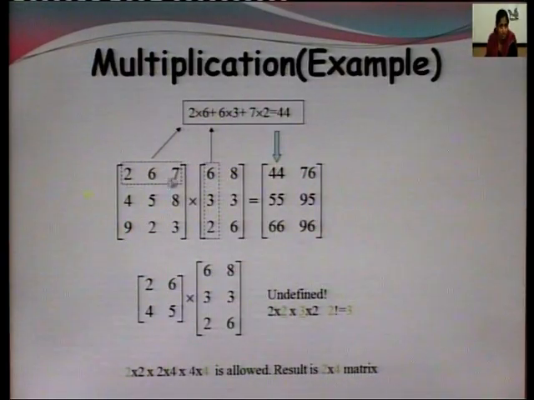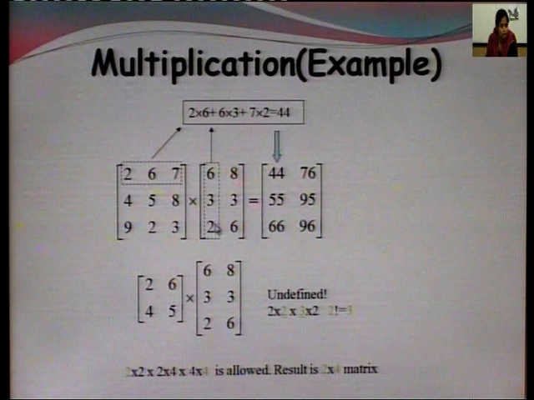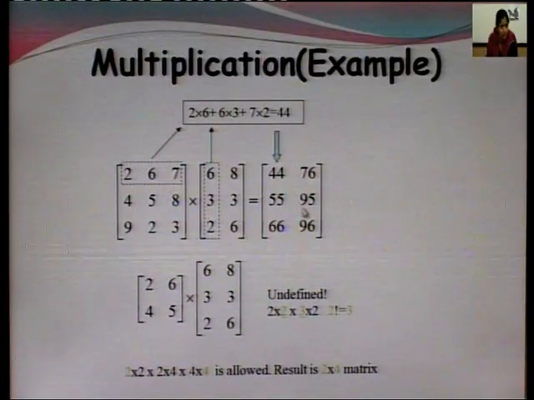Now, first row second column, so the second element will come out to be 2 into 8 plus 6 into 3 plus 7 into 6, which is 76. Similarly, we multiply the second row with the first column, and we get this element. Multiplying the second row with the second column, we get this element.